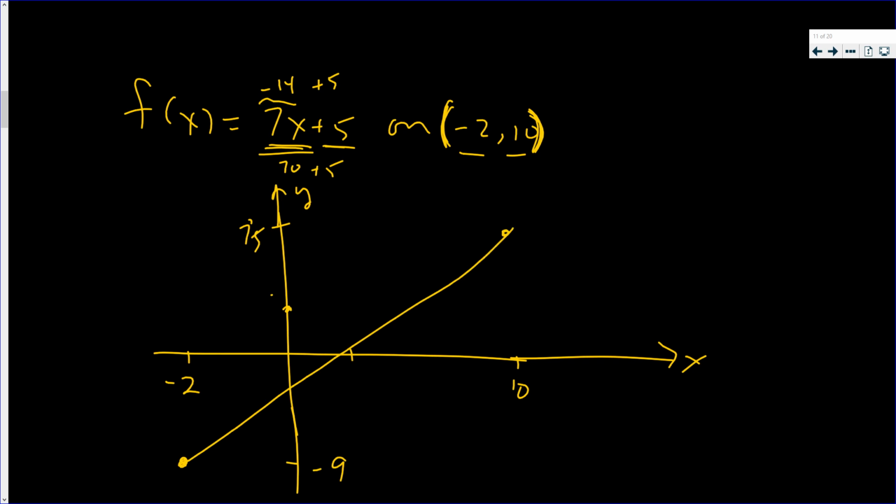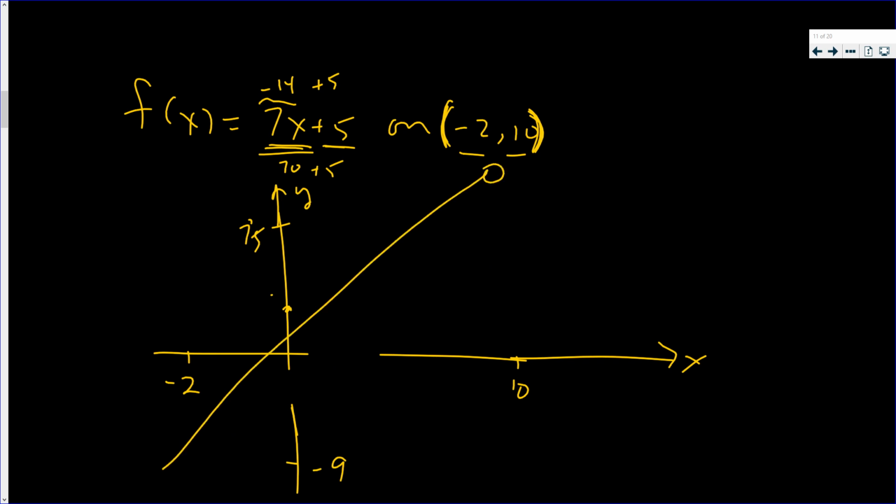It should cross that 5. The thing is that this would be the lowest point and that would be the highest point, but we're not including them. So that's how I would do it.